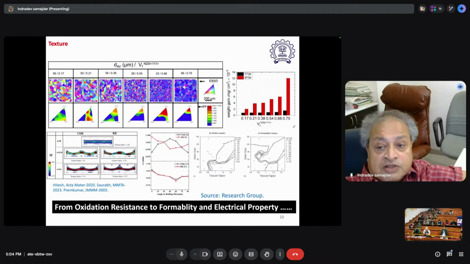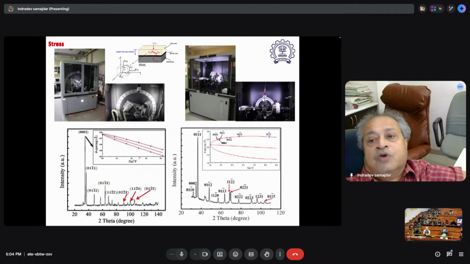Depending on the grain size, and I think this is Hitesh's IF, this is big grain size, you can go and do a lot of stuff. Look at the stresses, look at what we do as the magnetic properties. Look at the R values. Look at the texture, how it is varying. Or look at the stresses.